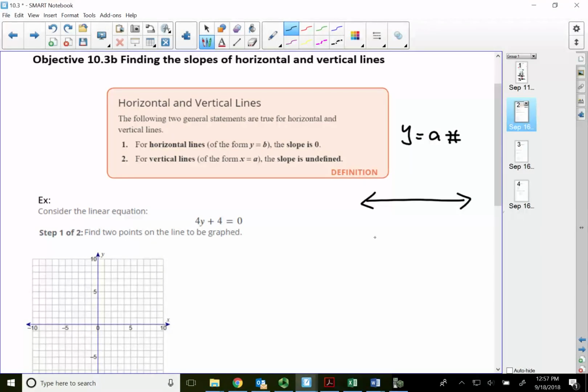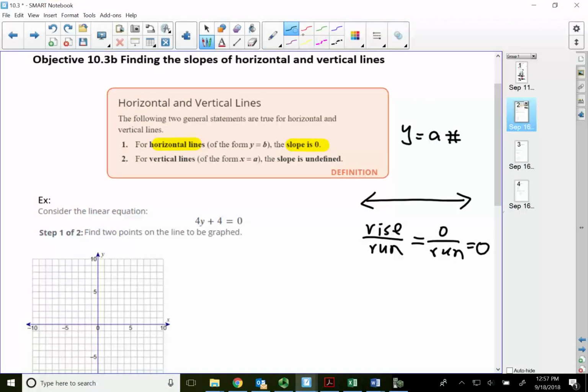When we talk about rise over run, the catchphrase for slope, a horizontal line does not rise, so that will be 0. A horizontal line does run to the right, so 0 rise divided by any units of run. 0 divided by anything is always 0. That's the reason why we simply say horizontal lines always have a slope of 0.